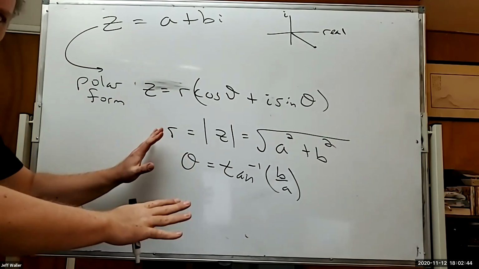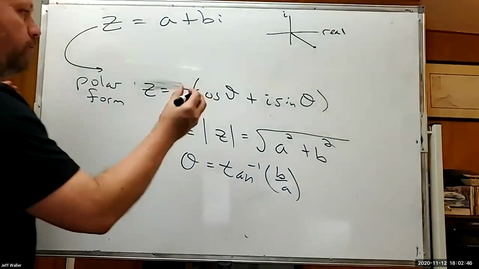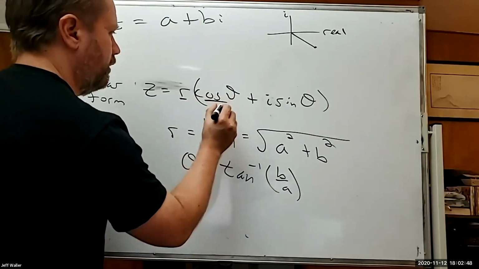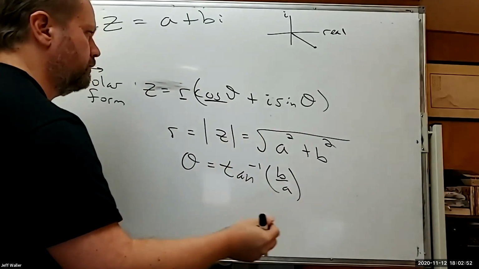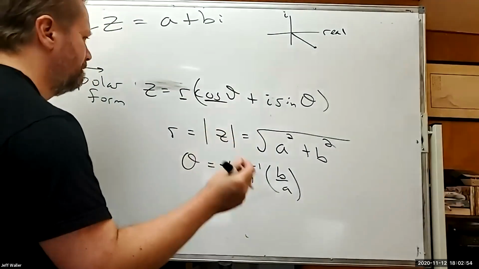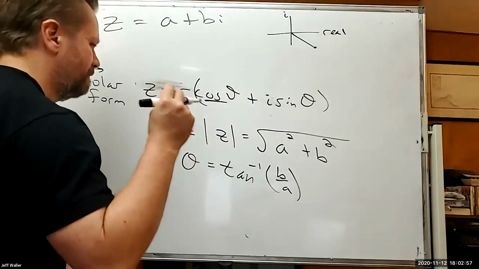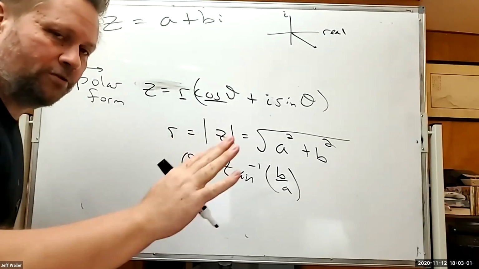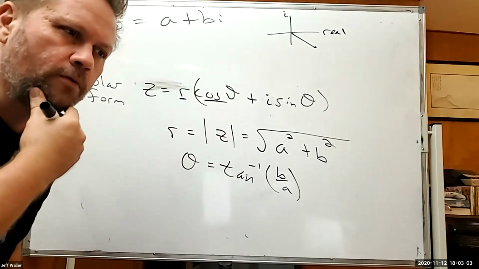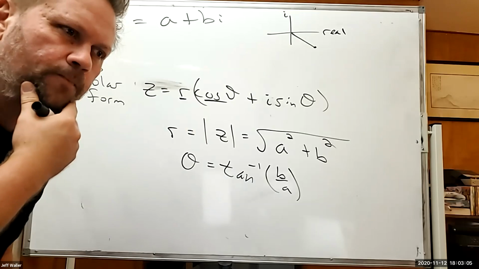Is everybody with me so far? This is very quick. And again, why does this make sense? What's R times cosine theta? What do we know R cosine theta is from polar coordinates? Even from just trigonometry.